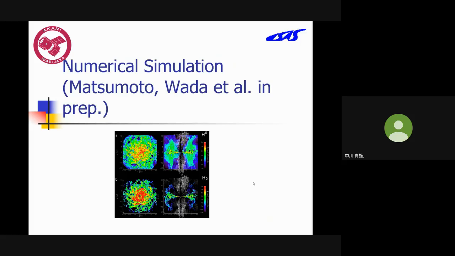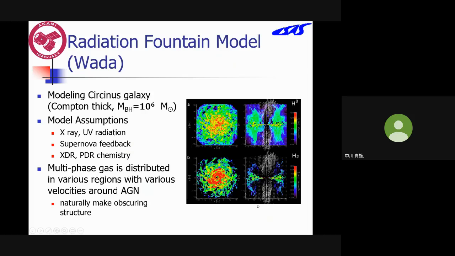So in addition to the real observations, we are starting to observe model spectra of model galaxies using the model developed by Wada-san, the so-called radiation fountain model. If we have a torus made of inflowing material, the torus cannot be as thick as we could imagine. It should be quite flat.